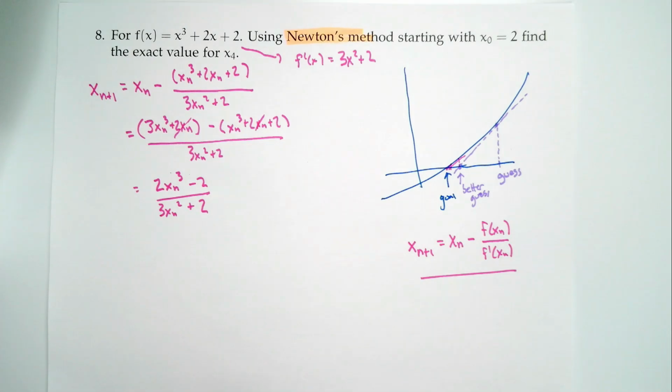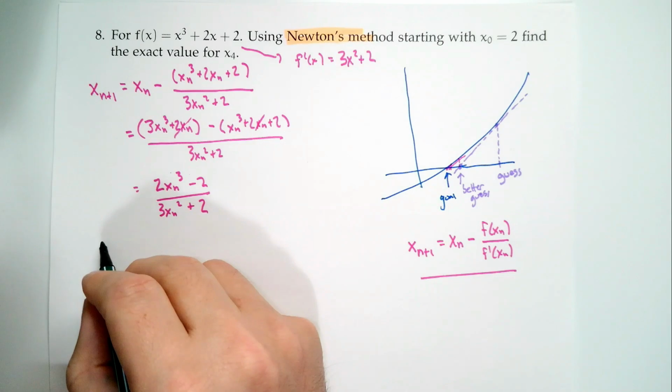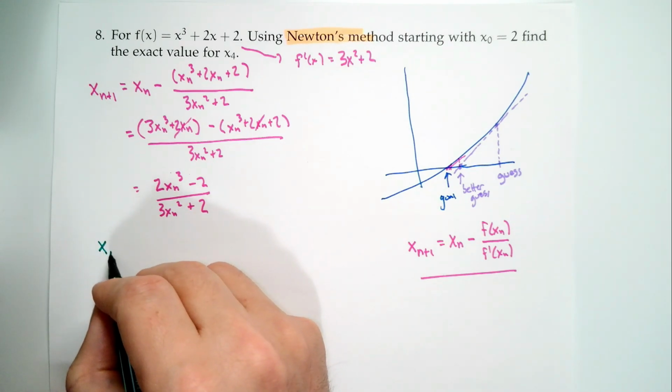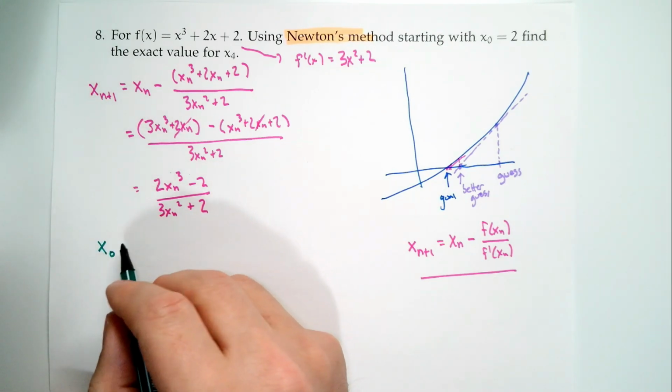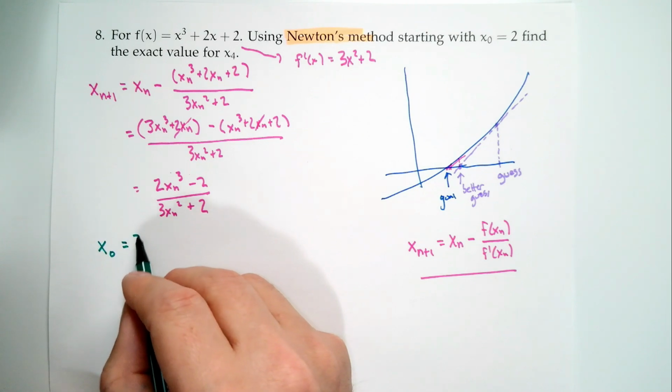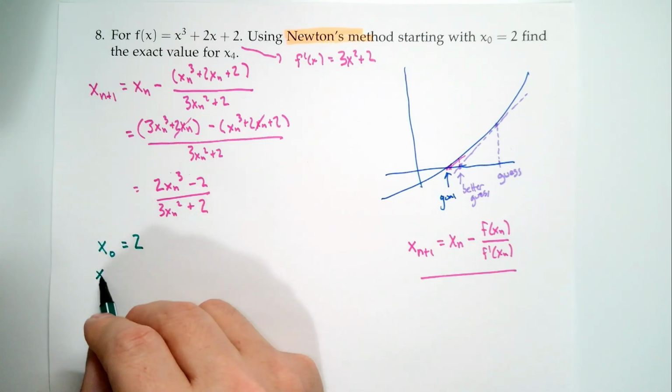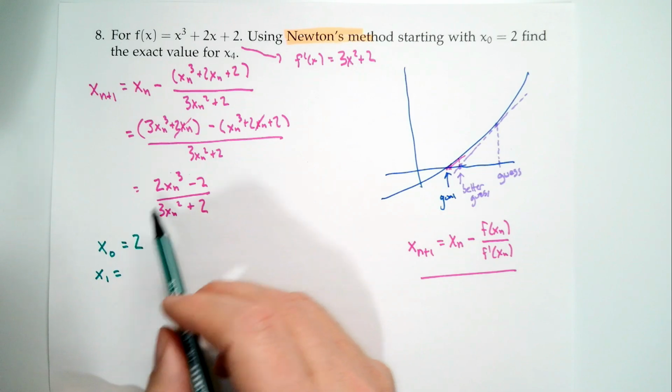So, here we go. Now, this is a good time to be patient. Because we don't have a calculator, we just have to be really, really patient. And if our numbers get really weird early, probably we should be careful and double check. So x0 equals 2. For x1, I'm going to plug 2 into here.